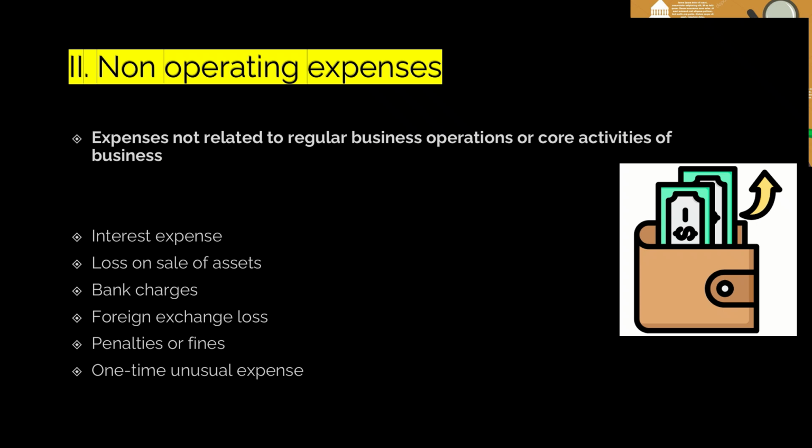Let's see the non-operating expense. This is the type 2. Expenses not related to regular business operations or core activities of the business. Now suppose that similar car wash company, as I told you, has excess funds and it has invested the funds in a bank, and in the bank he has put his money in the bonds.